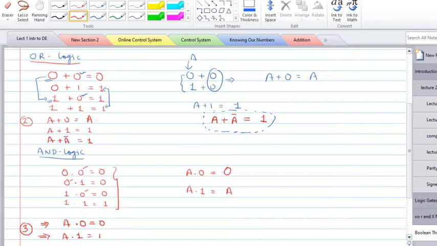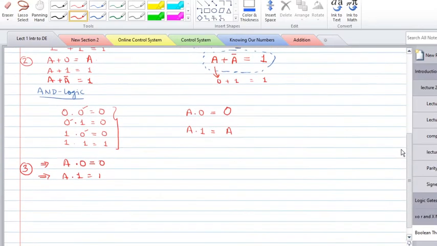See here how it happens. If a is equals to 0, then a bar must be 1. Okay, so the output will be 1. Secondly, if a is 1, then a bar will be 0, that is 1 plus 0, then output will be 1.